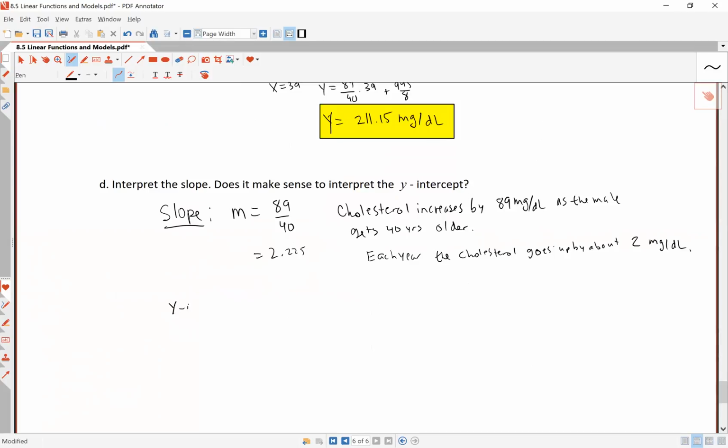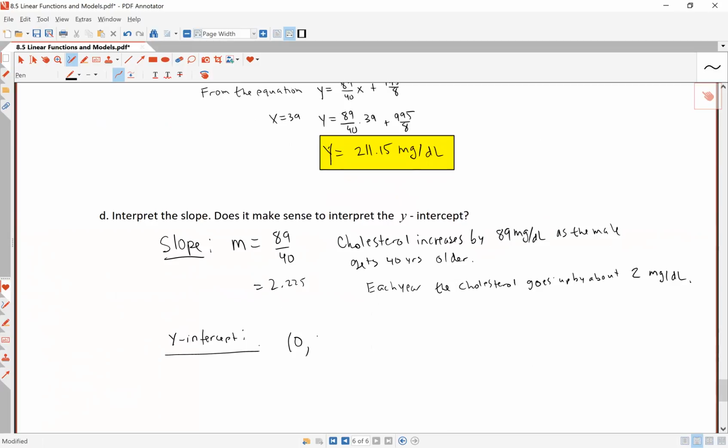The y-intercept. (0, 995/8). 995/8 is 124.375.